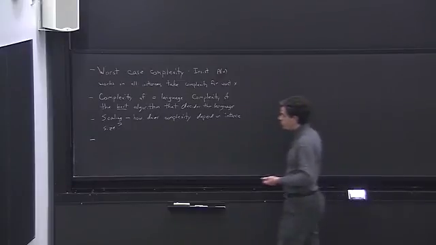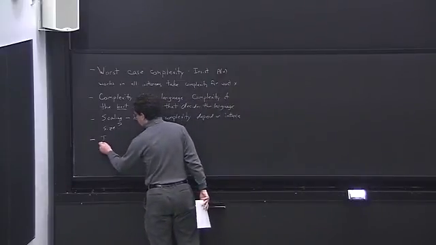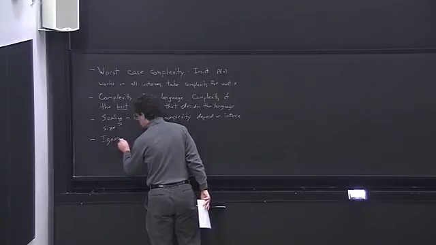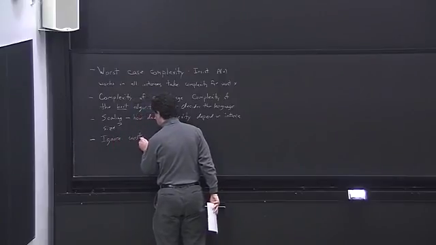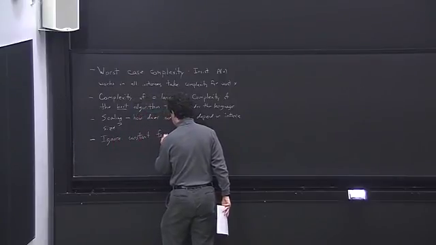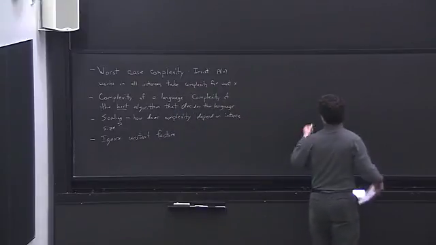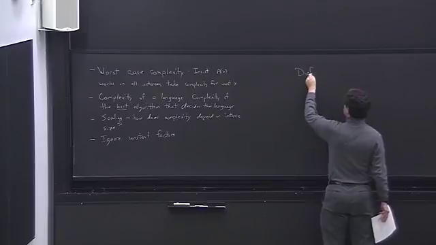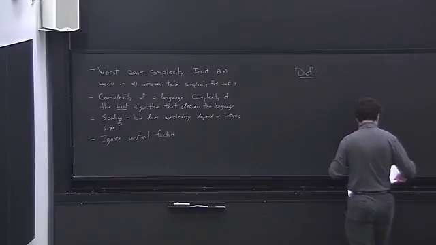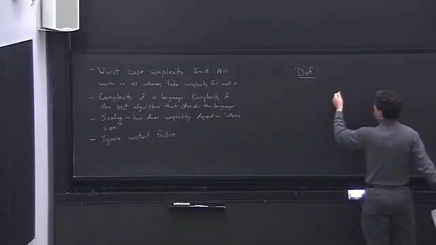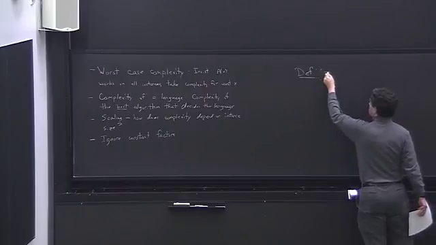So what we're going to do is ignore constant factors. In support of this, there's another definition, again terminology, and we use what's called big O notation.